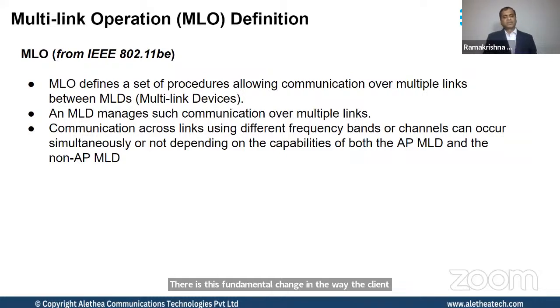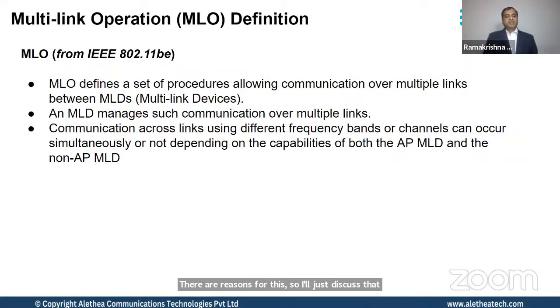AP not so much, because we are still calling it AP with an additional name, which is AP MLD. But the station, traditionally called station or STA, is now called the non-AP MLD. There are reasons for this, so I will discuss that in the next slide.